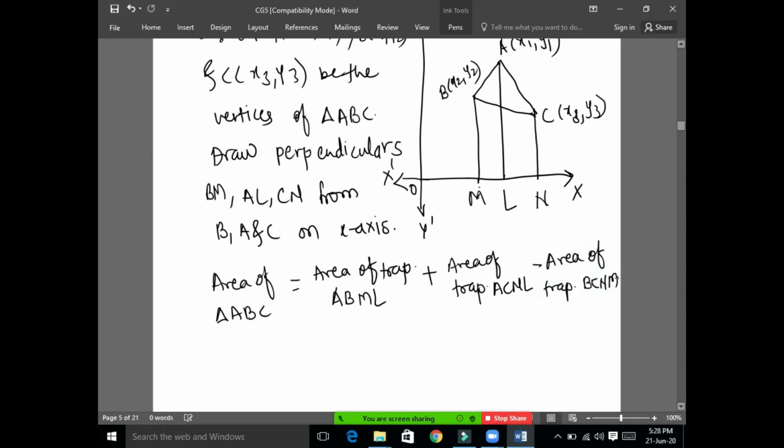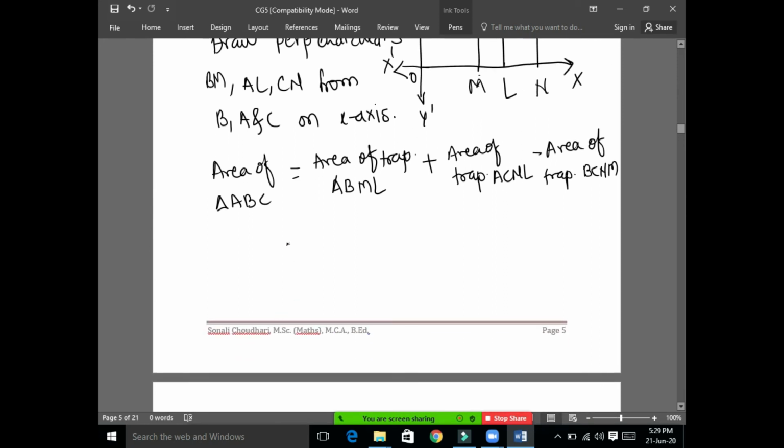So we have to find out the area of this trapezium from the figure, and after that we get the derivation for the area of triangle ABC for the coordinates. So area of trapezium ABML is half into the sum of parallel sides.